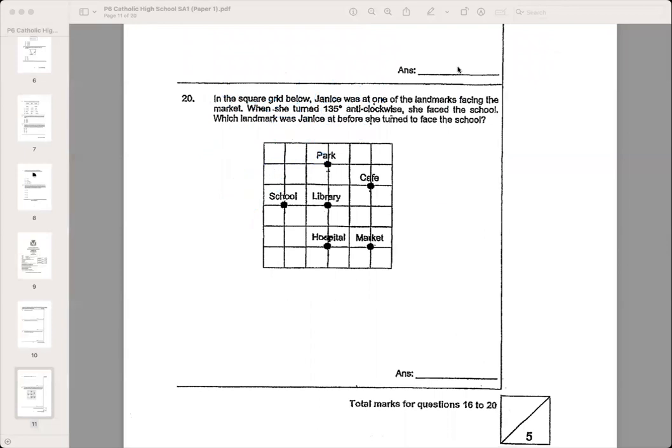In the square grid below, Janice was at one of the landmarks facing the market. When she turned 135 degrees anti-clockwise, she faced the school. Which landmark was Janice at before she turned to face the school? So first, you need to understand what 135 degrees is made of. 135 degrees is made of 90 degrees plus 45 degrees.